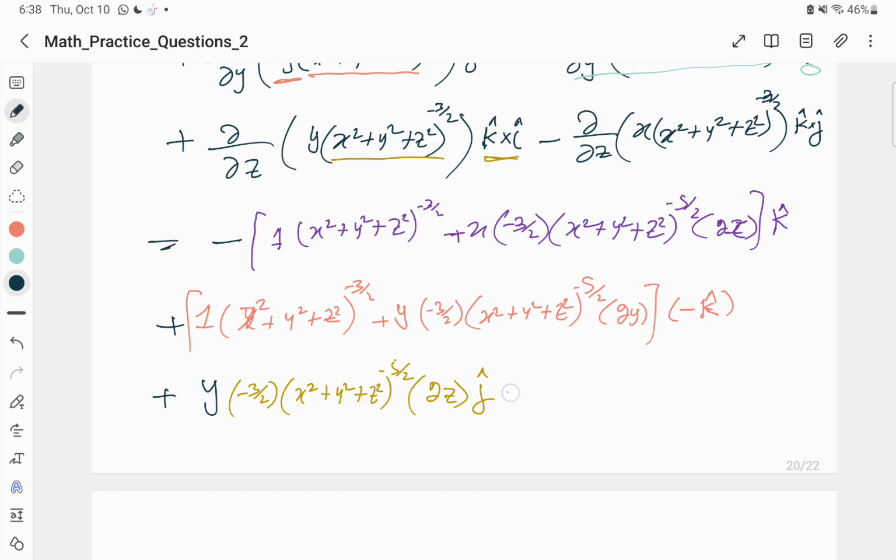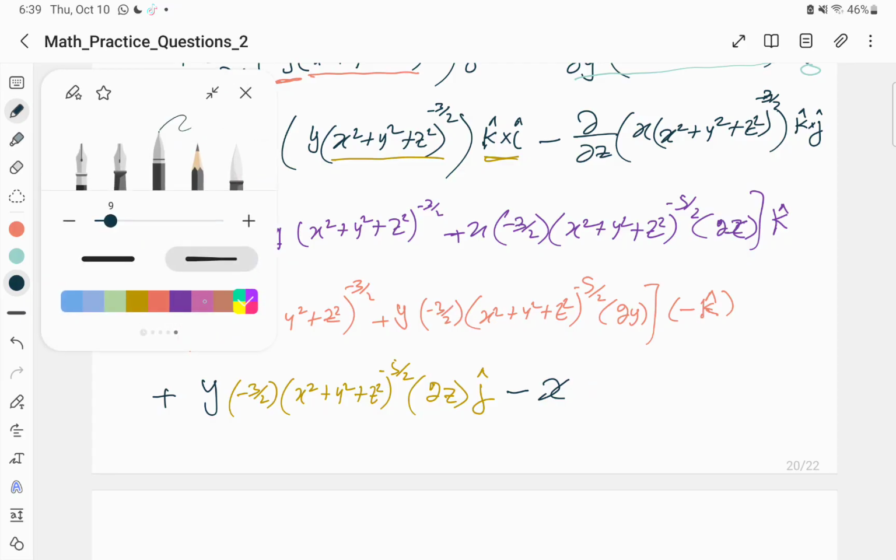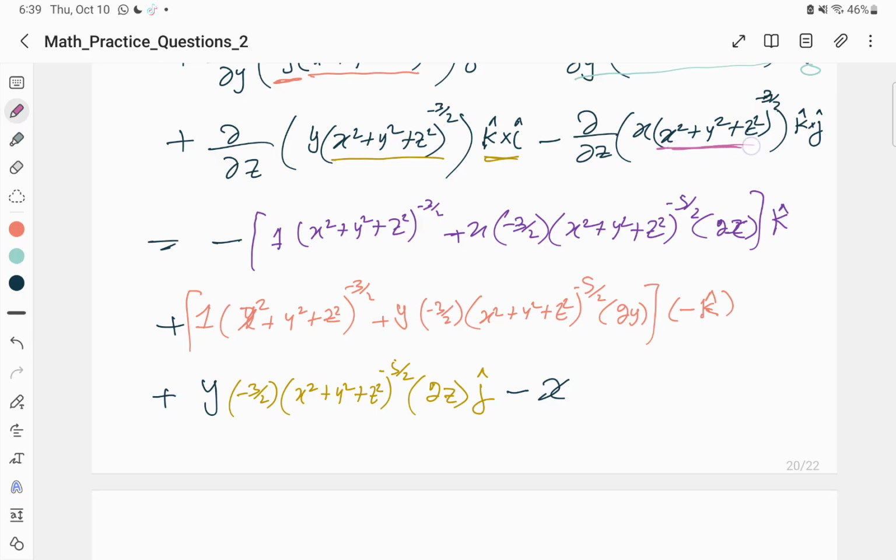And after that I have negative. Now let's take the derivative of this expression with respect to z. This x is also a constant with respect to z, so it will come outside, and we apply the derivative of this expression with respect to z, so it will be negative 3 by 2 into (x square plus y square plus z square) to the power negative 5 by 2, and it will be 2z, and this k cross j will be negative i.